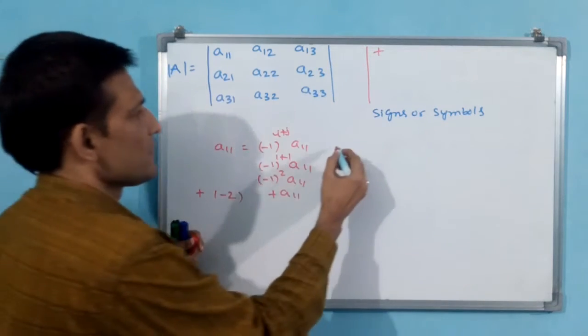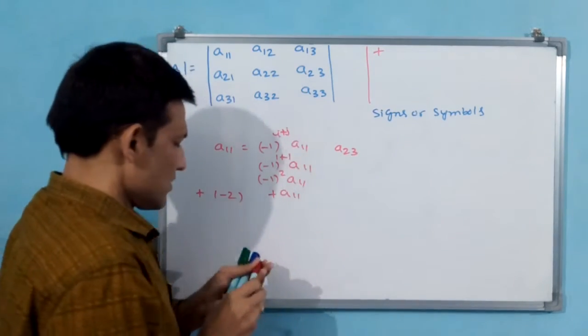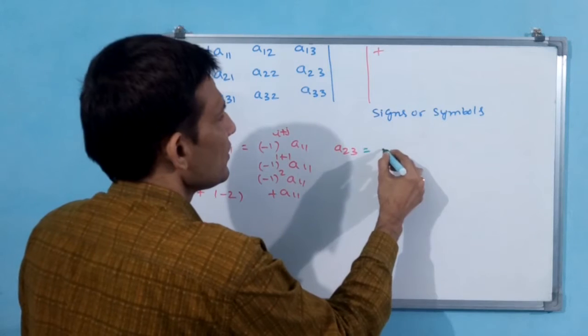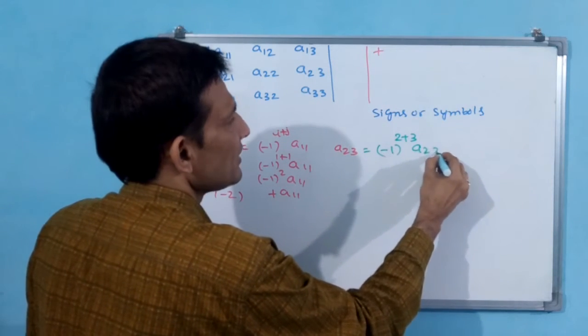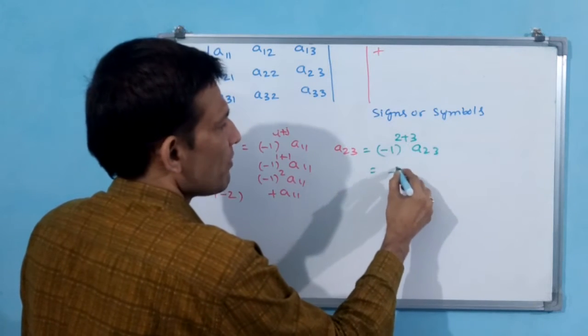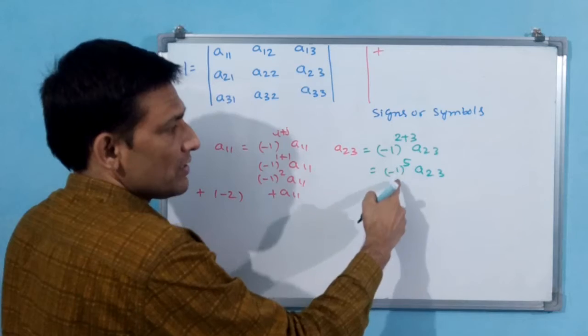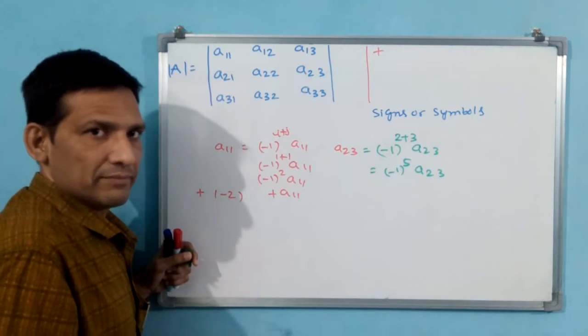Now, let us see A23. What will come for the symbol? For symbol sake I am telling, that is equal to minus 1 whole to the power of 2 plus 3 into A23. That is equal to minus 1 to the power of 5 into A23. Minus 1 to the power of 5 means 5 is an odd number.